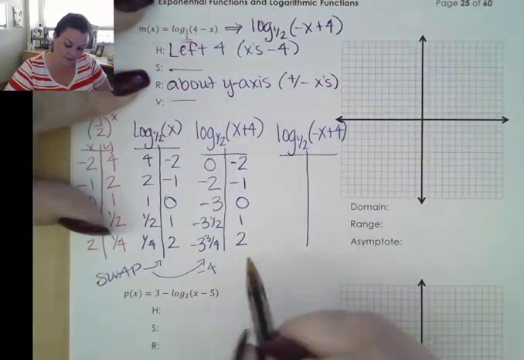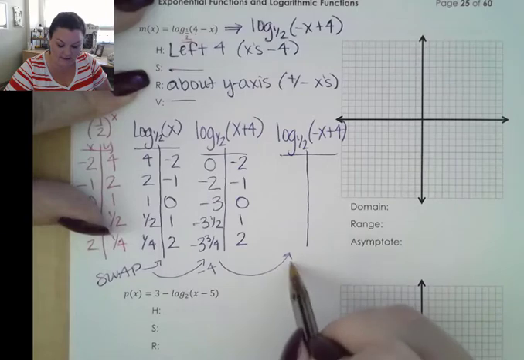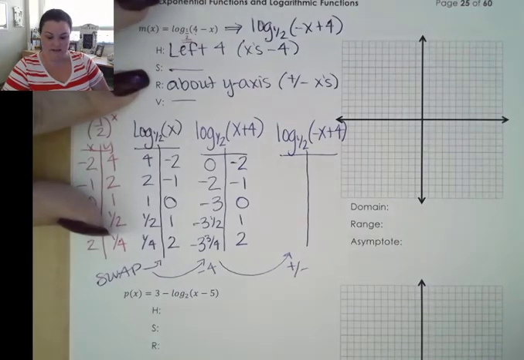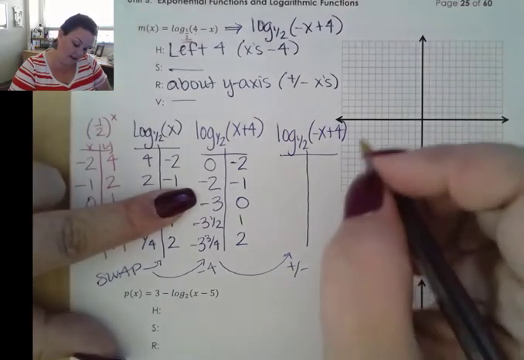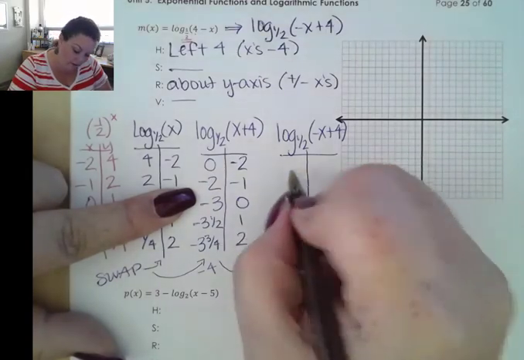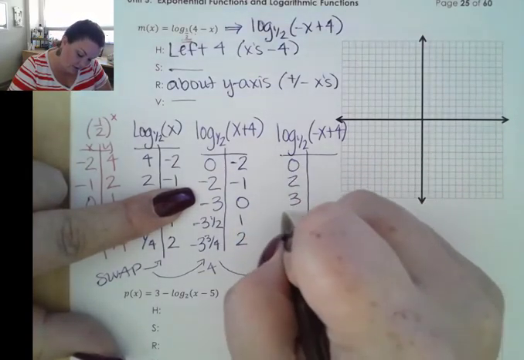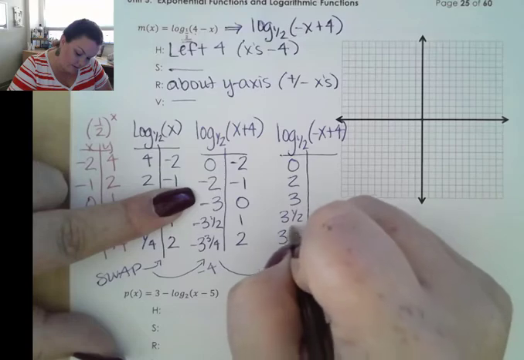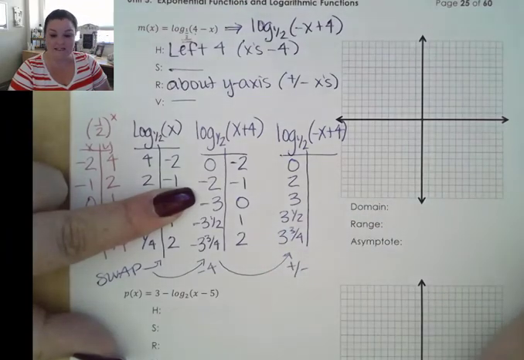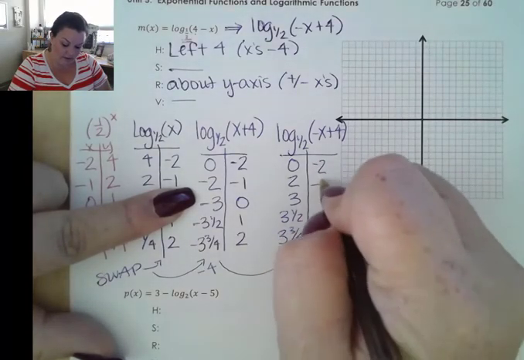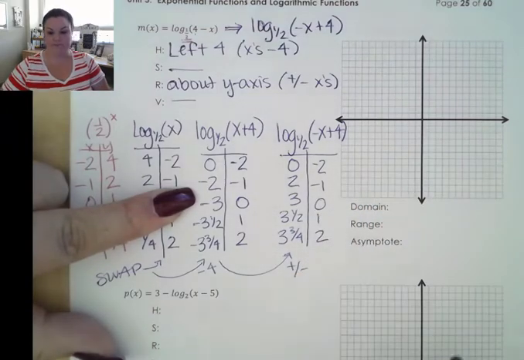And to do that reflection, we're going to take our x's from the previous table and change their signs. So when I change the signs, they're all going to become positive. So 0, 2, 3, 3.5, 3 3/4, and my y's stay the same. -2, -1, 0, 1, and 2.